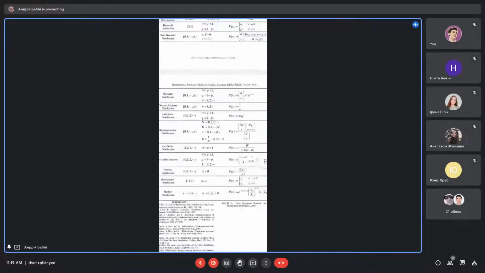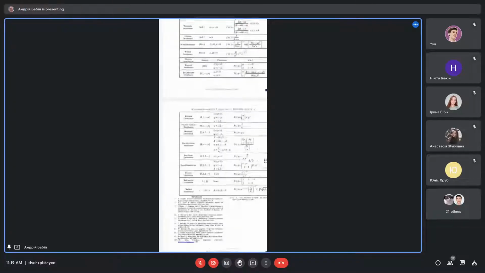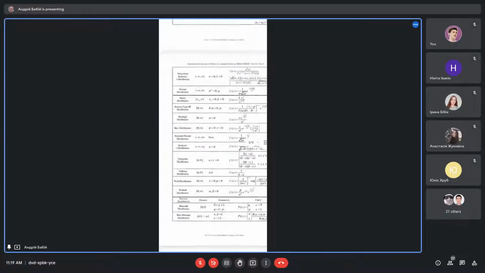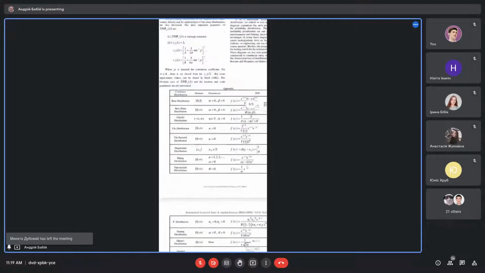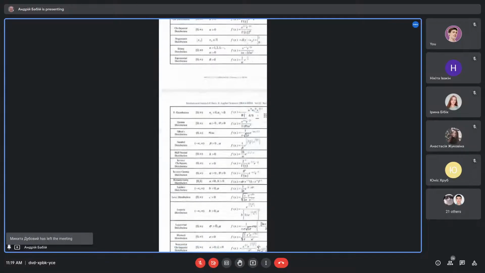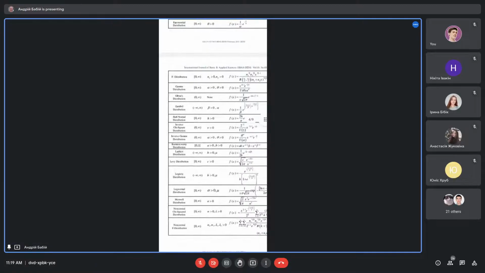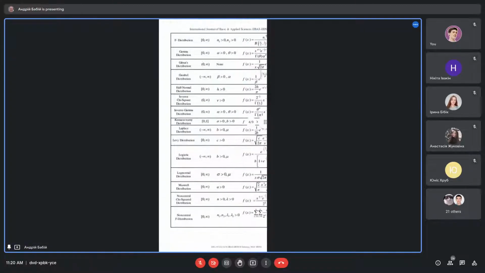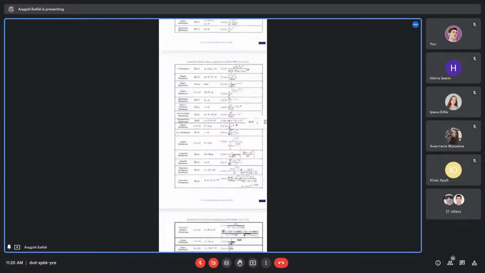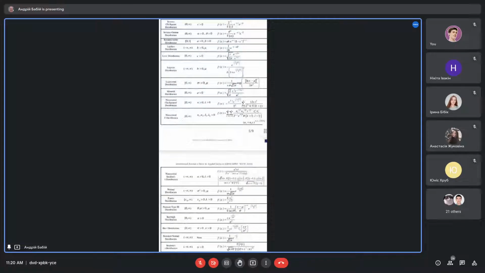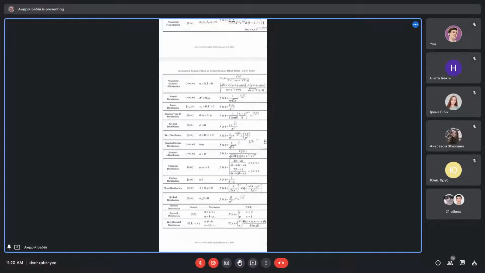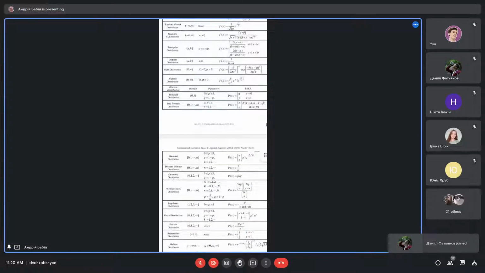Here you can see discrete distribution, continuous distribution. As you can see, there are a lot of different distributions.